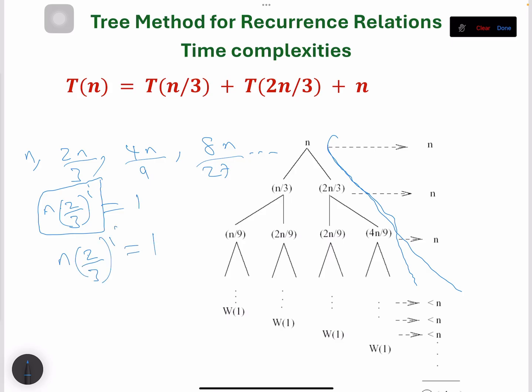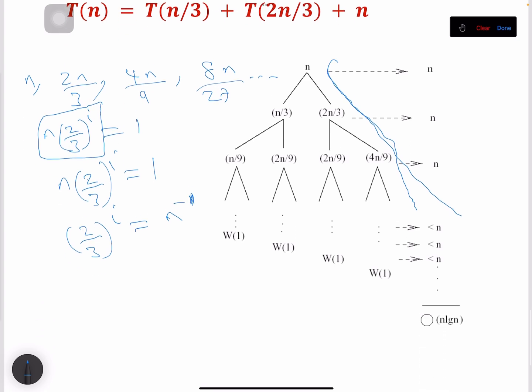And when that is the case, (2 over 3) to the i is equal to 1 over n.